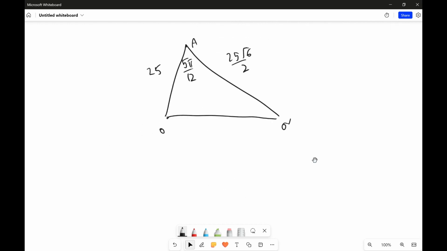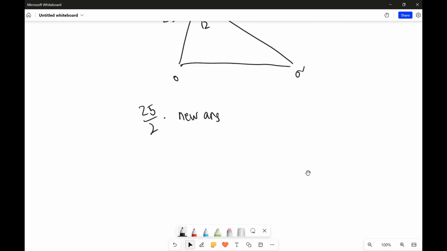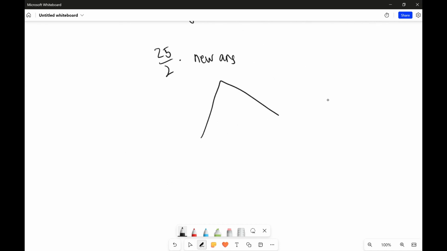But first, let's go ahead and scale things down by a factor of 2 over 25. So we want 2 over 25 times the new answer. So if we have a triangle XYZ with sides 2 and root 6 and angle 5 pi over 12, then we want this segment. And let's go ahead and let this be x.